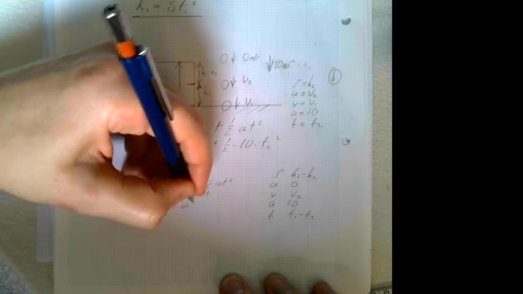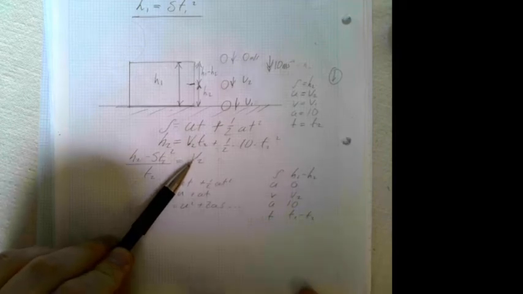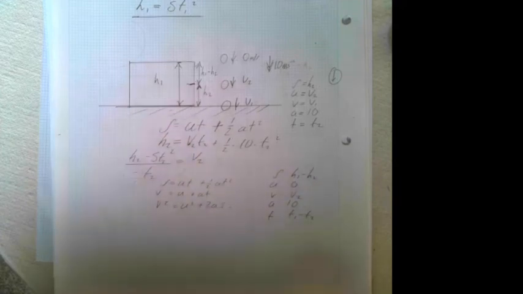And we need to consider which is the correct formula to use. Should we be using S equals UT plus a half AT squared here? Should we be using V equals U plus AT? Should we be using V squared equals U squared plus 2AS? Etc. Well, let's have a think about it. We are trying to get a formula which just involves the final velocity, the H2 value, the H1 value, so that would be our S in this context, and the T2 value.